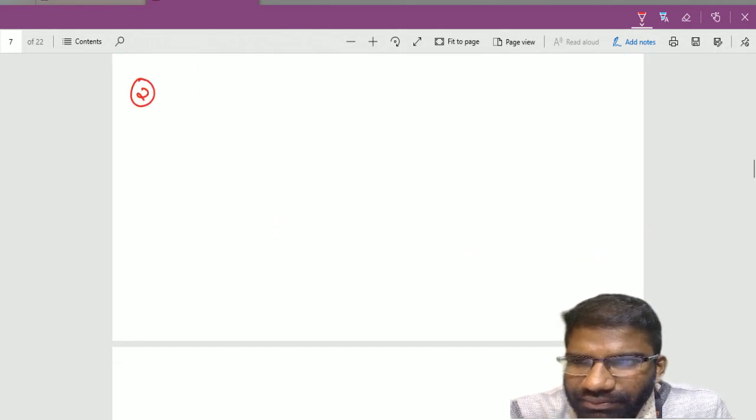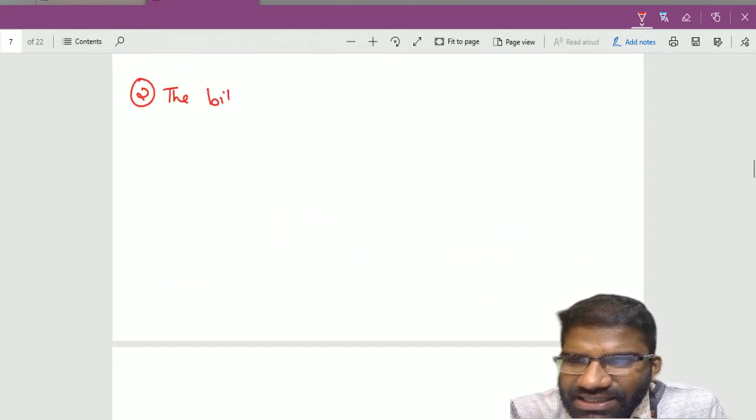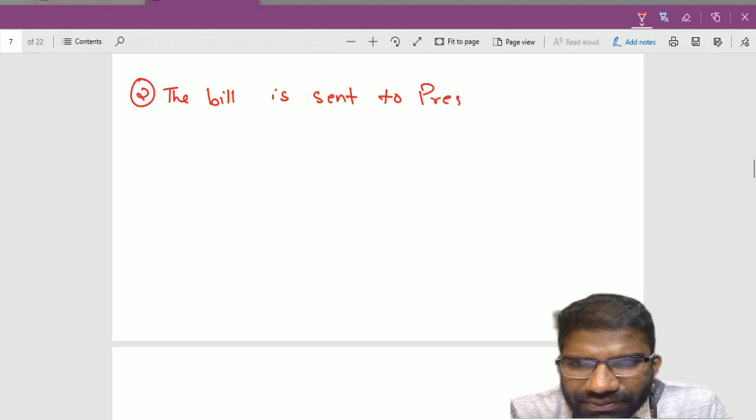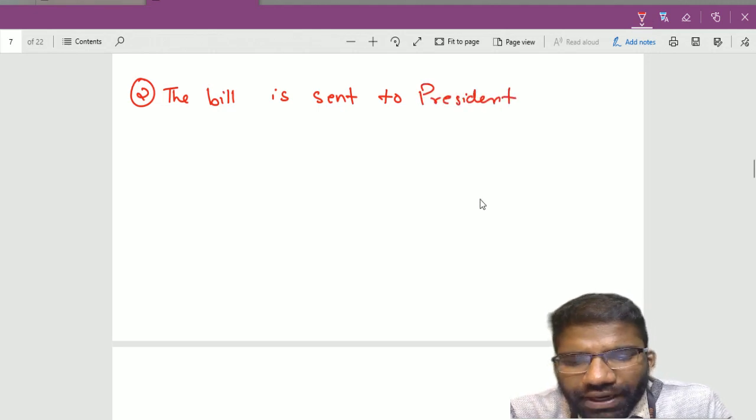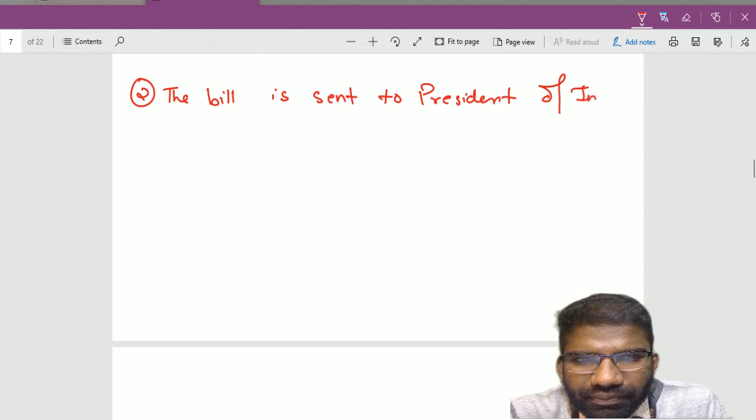The bill is sent to the Honorable President of India for his recommendation.